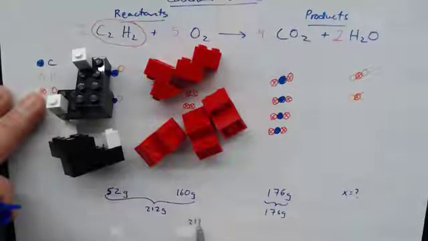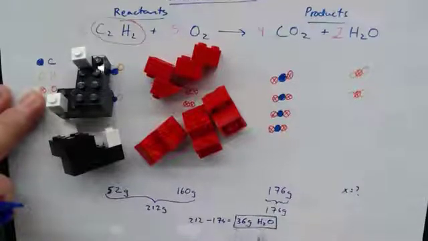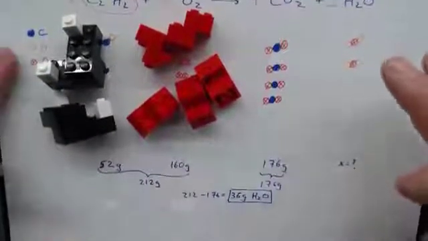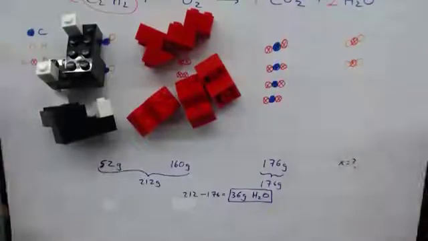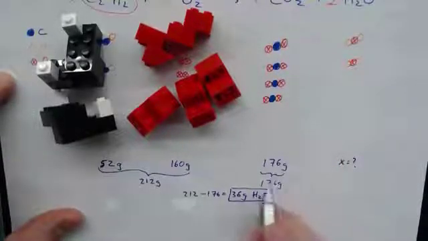So the answer is 212 minus 176 equals, let's see my math, 36. 36 grams H2O is my answer. It is literally that straightforward. Please don't overcomplicate it. Okay? You take all the reactants' mass, you subtract whatever you have to get what's missing.